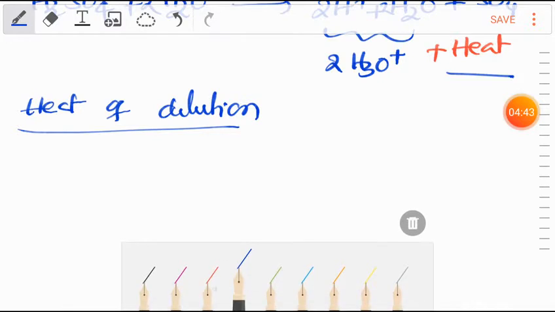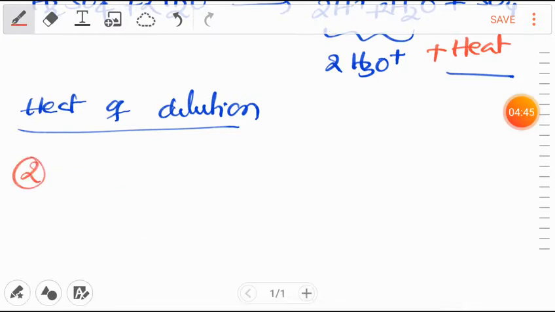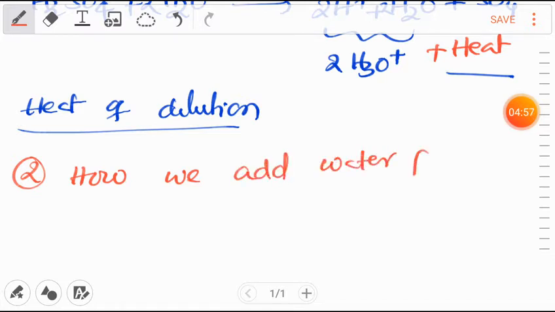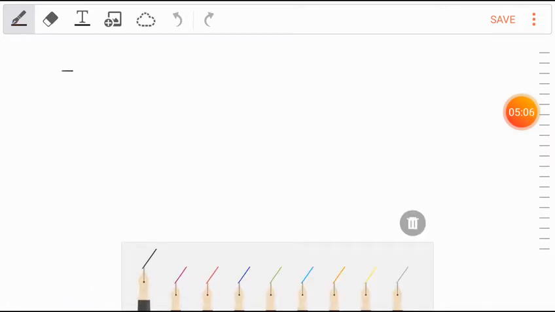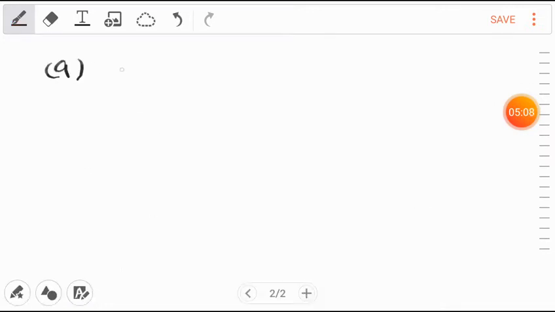Now another question I want to ask you, second question: how do we add the water for dilution? So how are we going to add? Option A, water to acid.